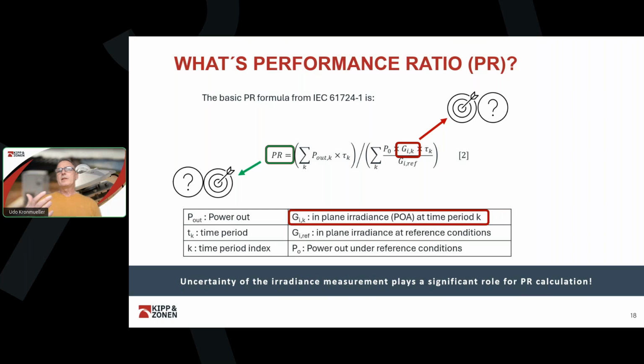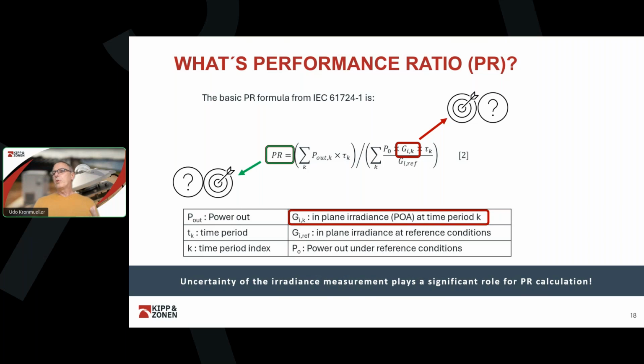The important in-plane irradiance, also called plane of array irradiance, can be found in the denominator of the equation, here marked in red. And even though I was always pretty bad in mathematics, it's very clear that if there is a higher uncertainty in irradiance measurement, then automatically there will be a higher uncertainty in performance ratio calculation as well.